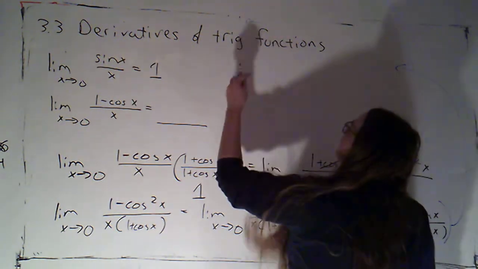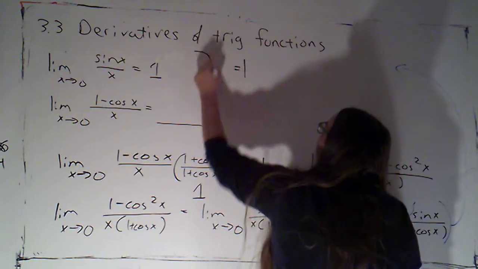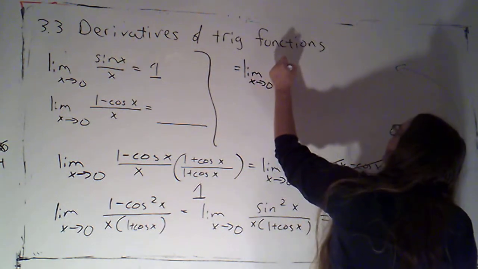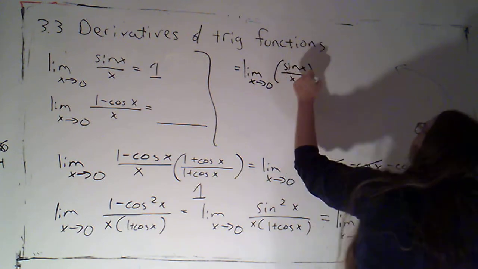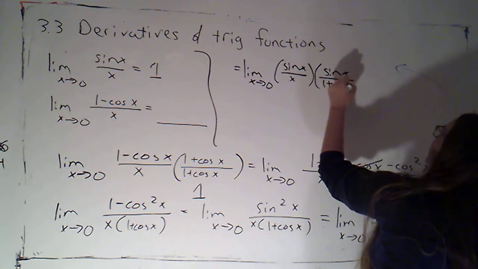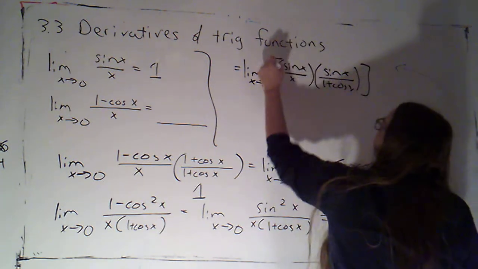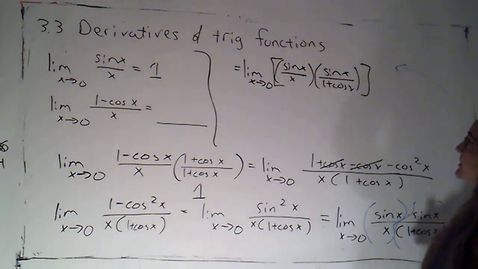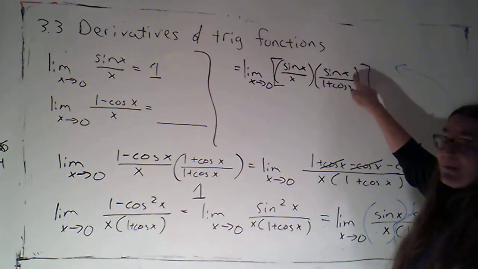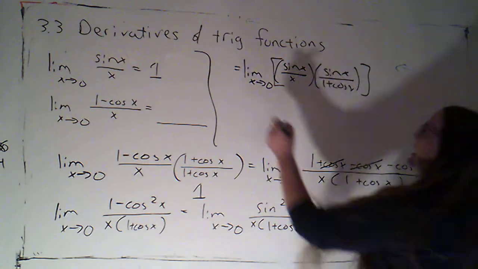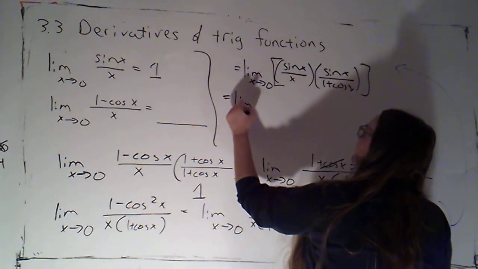So this is equal to the limit as x goes to 0 of sine x over x times sine x over 1 plus cosine x. So I'm taking the limit of this entire product. Notice that's still two factors of sine on top and an x and a 1 plus cosine x on the bottom. Now I'm going to use the product rule for limits.